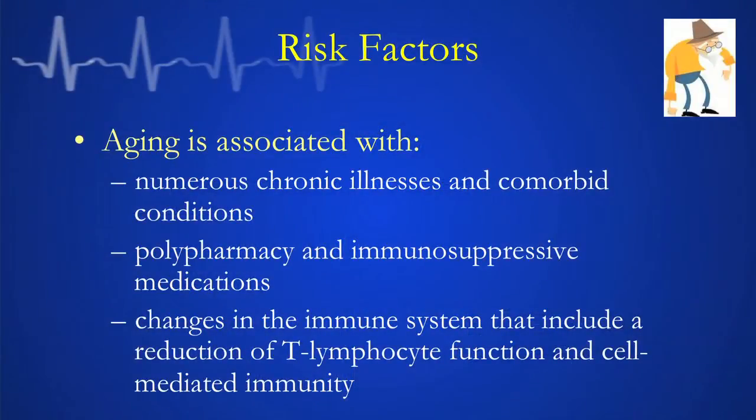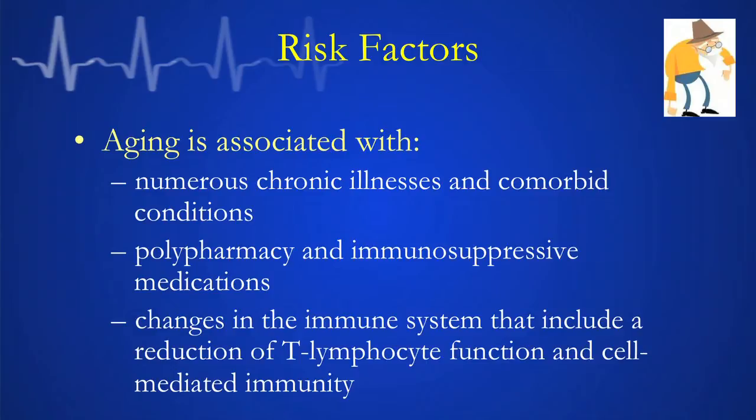What are the risk factors that make the elderly such a risky population? Just aging in general, they have numerous chronic illnesses and comorbid conditions. We know that about our nursing home patients, and they come with a med list that's 2 pages long. Polypharmacy and immunosuppressive medications are common.